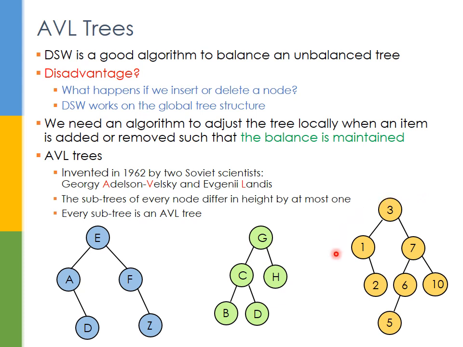If we look at our last tree over here on the right, we see with our root node that we have a difference in height between the left and right subtrees of 1. This is because the right subtree has a height of 3 and the left subtree has a height of 2. If we look at node 1, we see again that we have a difference of 1 because the right subtree has a height of 1 and the left subtree doesn't exist, so it has a height of 0.